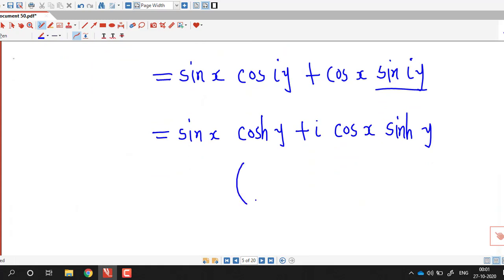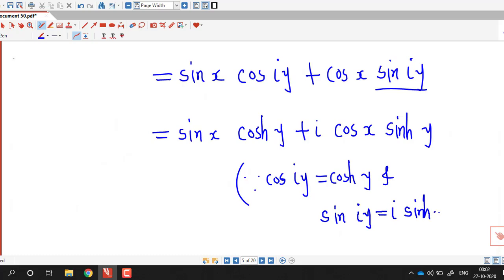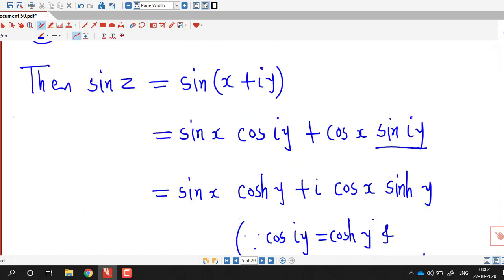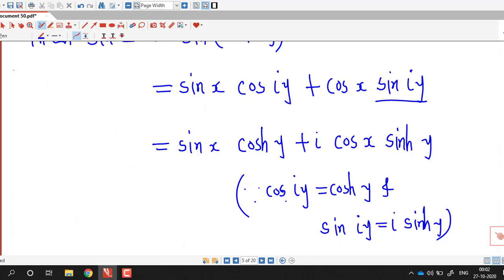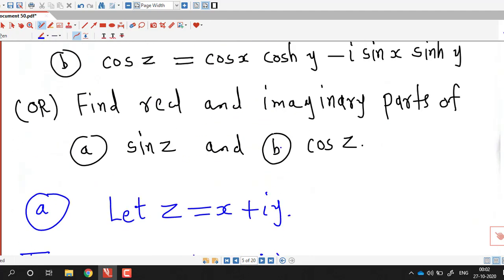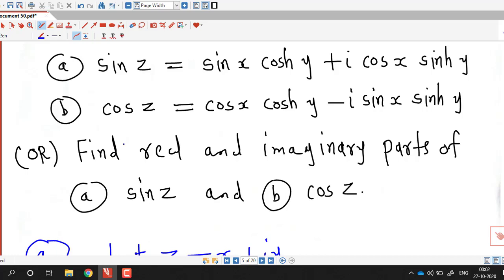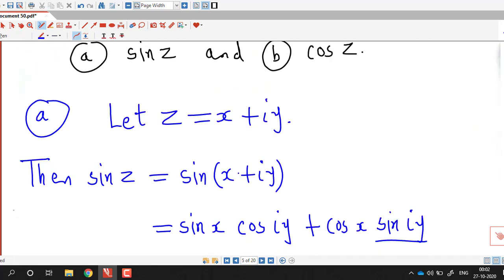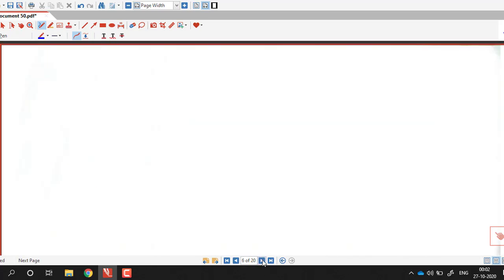We just have to mention what we are using, because we are using that cos iy is cosh y and sin iy is i sinh y. So the real part of sin z is sin x cosh y, and the imaginary part is cos x sinh y. A similar result you can derive for the cosine function using these two properties, so we are not doing it for the cosine function.